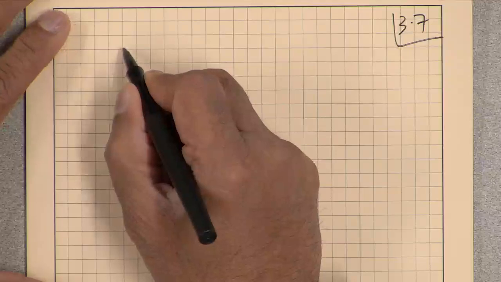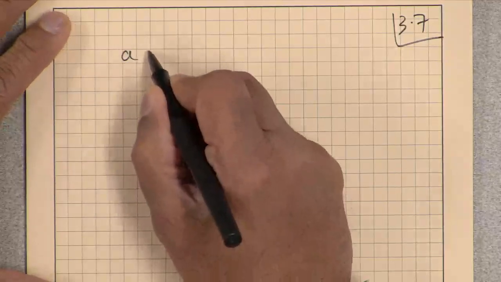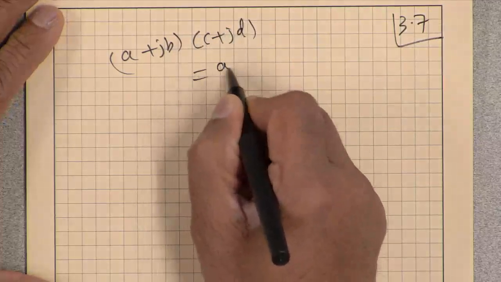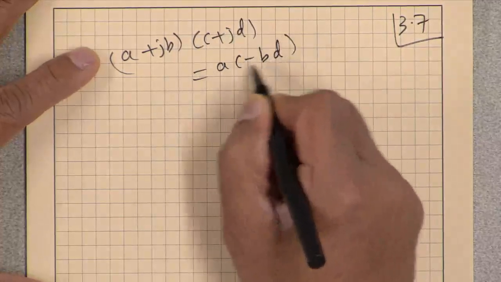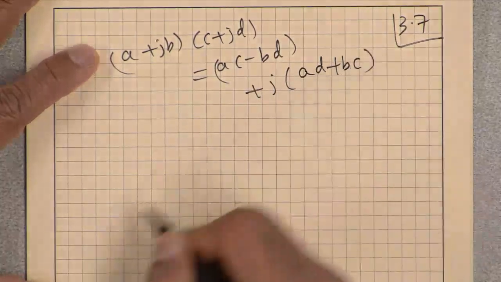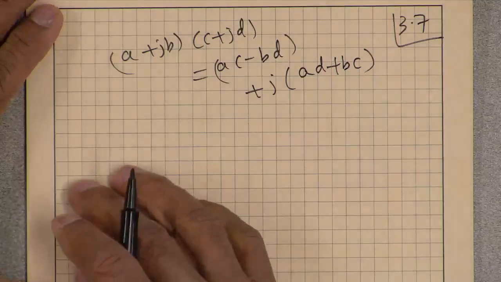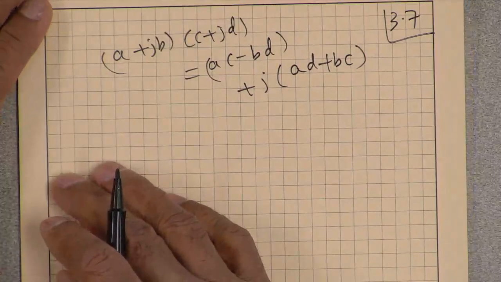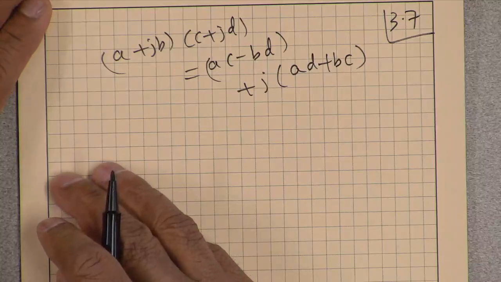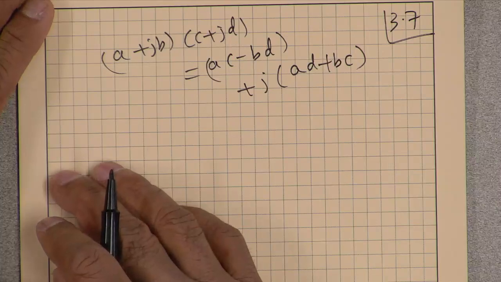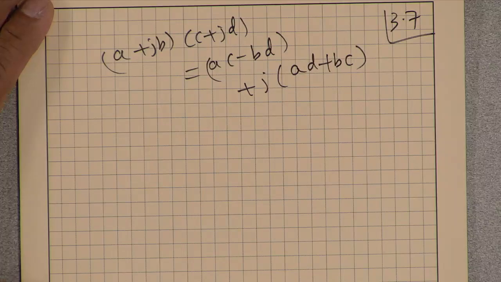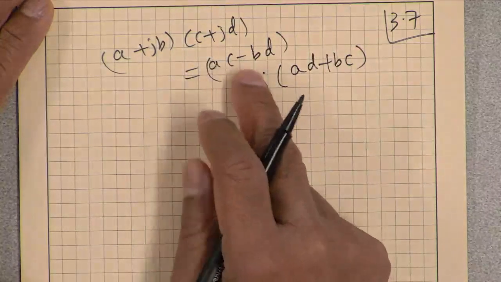Let's say I have the multiplication A plus jB times C plus jD, which is AC minus BD plus j times AD plus BC. How does the hardware really compute? You have to keep track of which wires are imaginary and which are real on your own, as the hardware is not remembering which is real and which is imaginary. So it will compute these things. It will compute A times C.